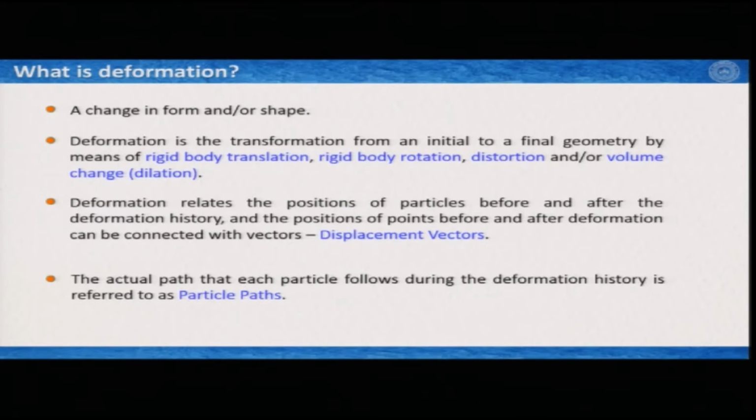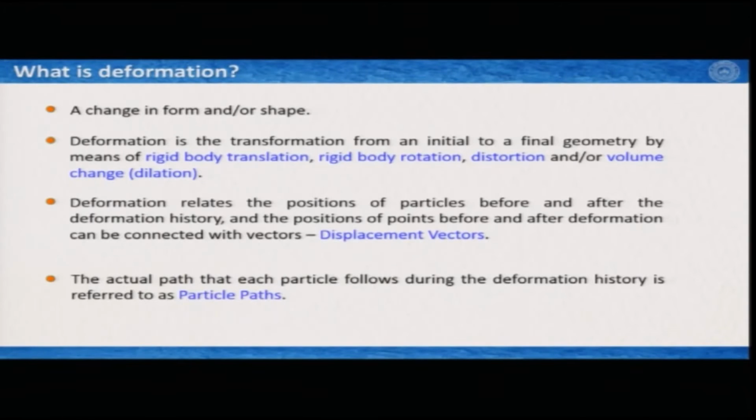Very similarly, when one point moves to another point and we connect them by a vector, it does not necessarily move from here to here following a vector. It may move in a different way, following a different path, not necessarily along the vectors. So, the actual path that each particle followed during the deformation history is referred to as the particle path.